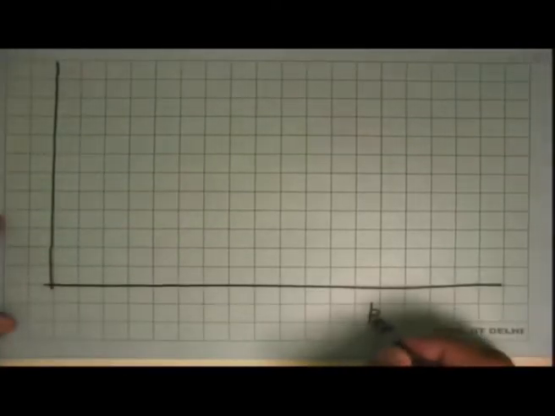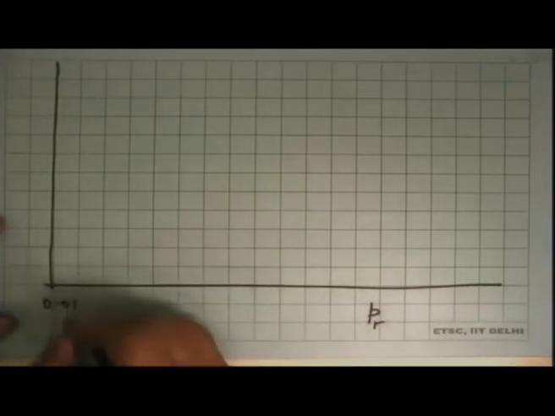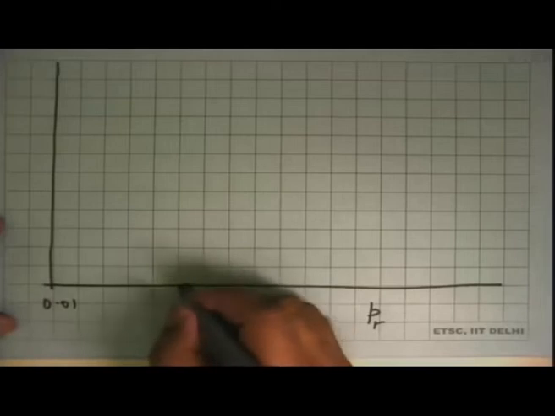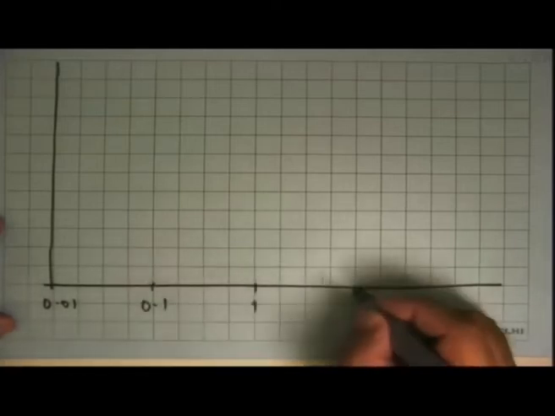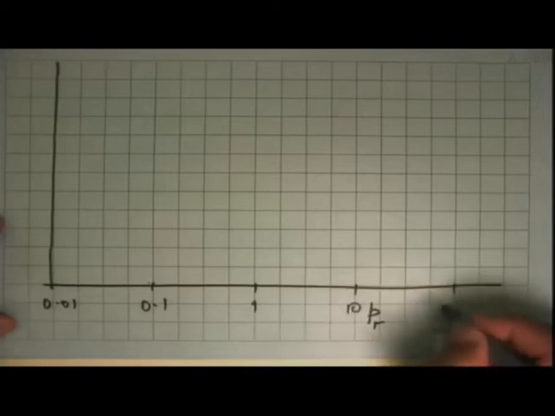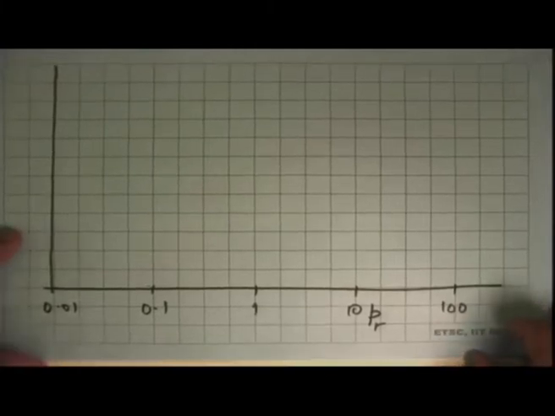So this side is reduced pressure, and this will be logarithmic scale 0.01, somewhere here 0.1, 1, 10, 100. Reduced pressure has no units, so no problem.